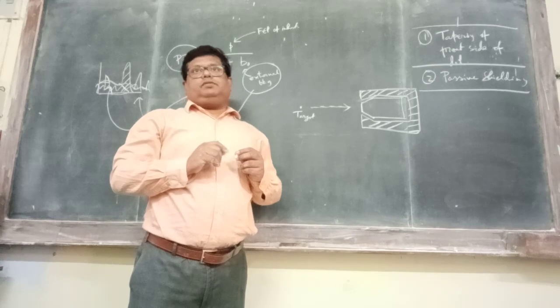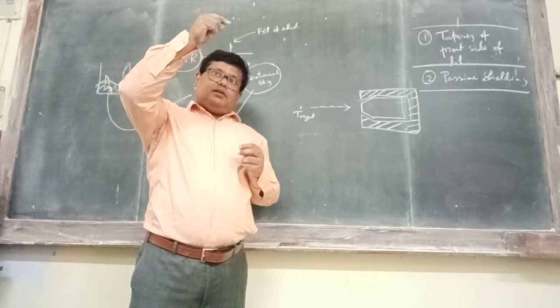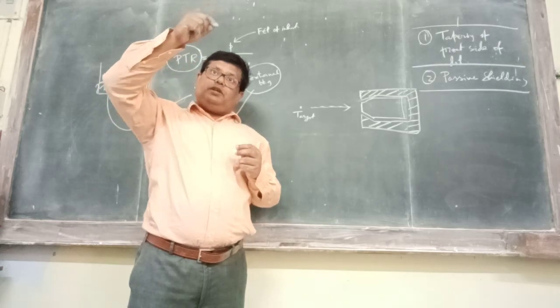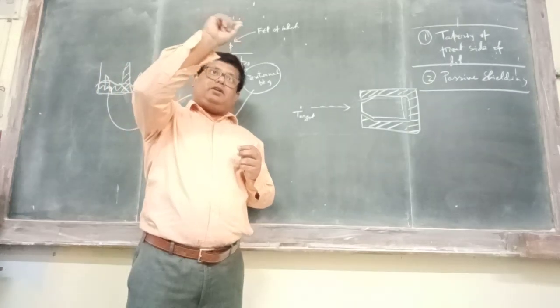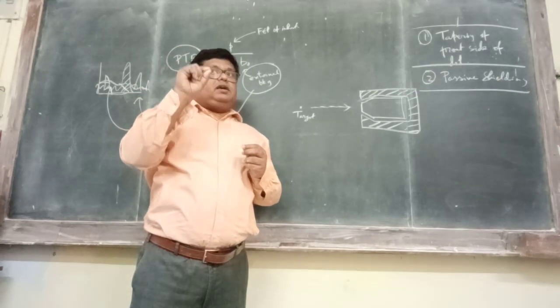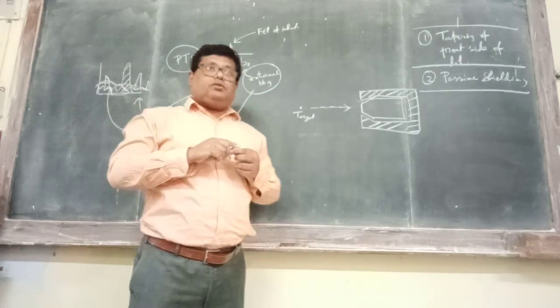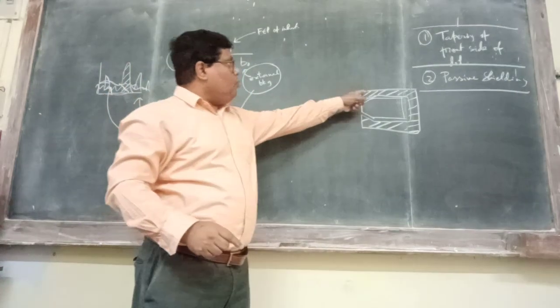Now there are problems. Remember, the absorption of gamma rays is exponential: I = I0 e to the power minus mu x. Exponential nature means the attenuation keeps on going; it is never zero.